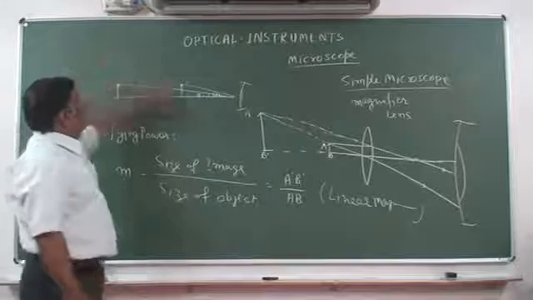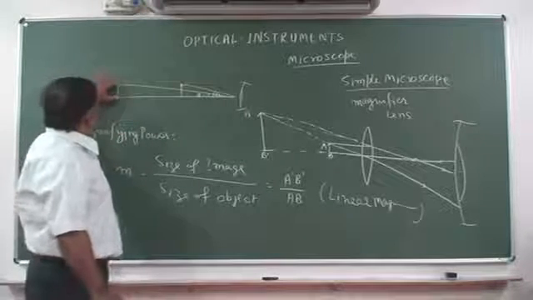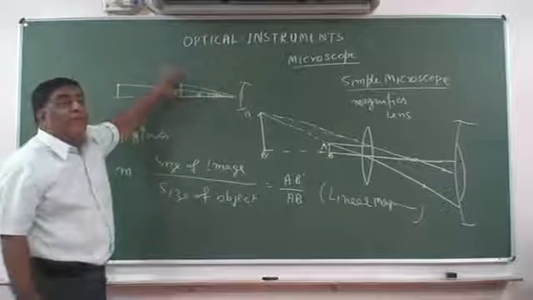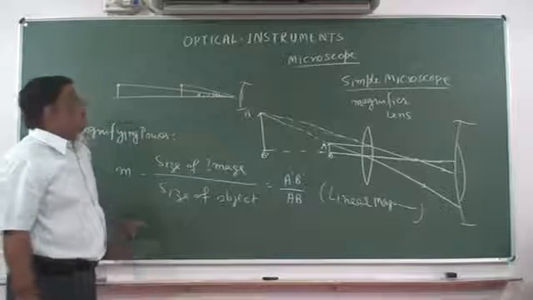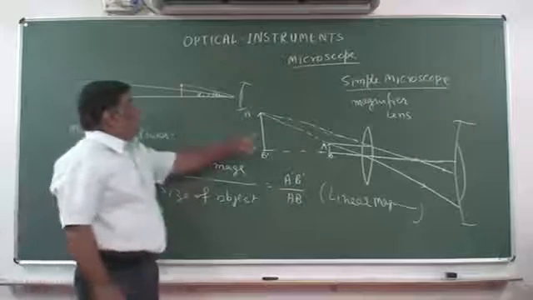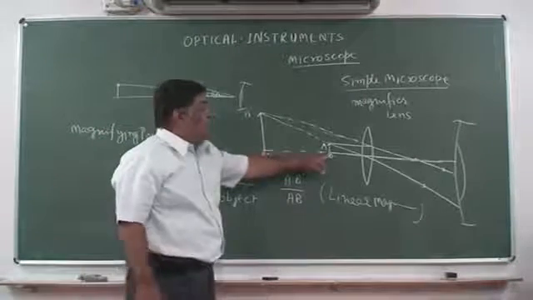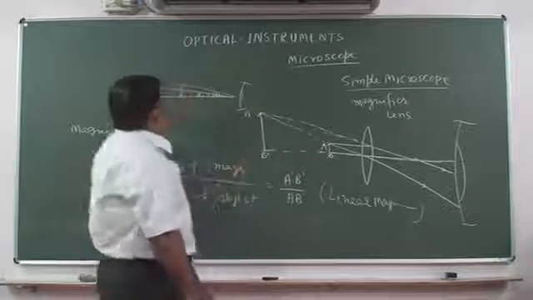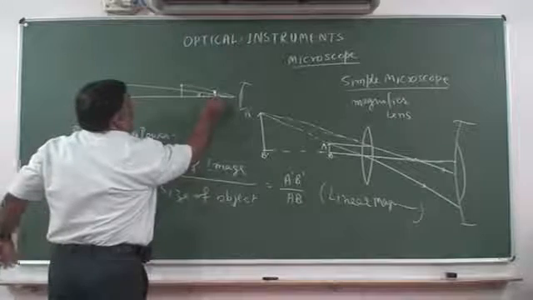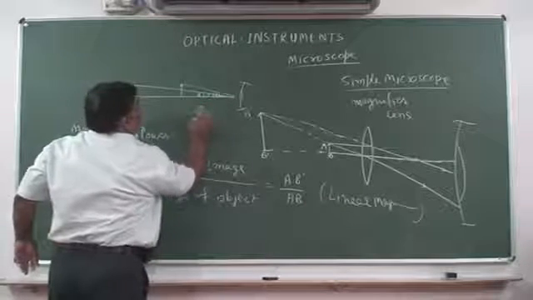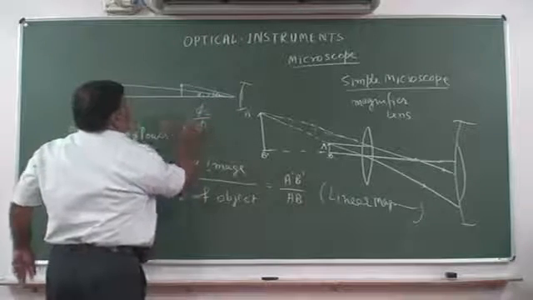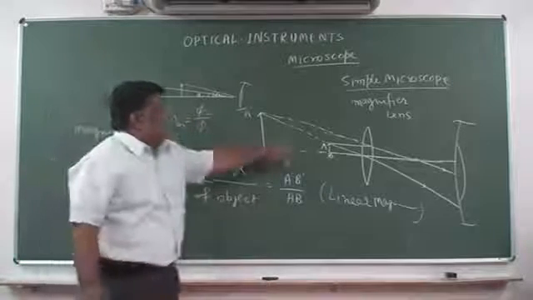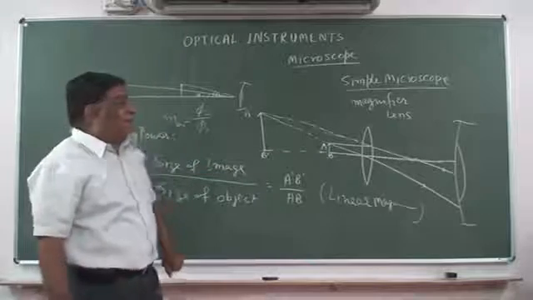Now, if we bring this thing here, this is phi 2, this will appear larger to us. Now suppose we have made an image of this object. Then what is angular magnification? We want to know. Here we have defined angular magnification as phi 2 upon phi 1. This is angular magnification. But in this case, how do we calculate angular magnification?